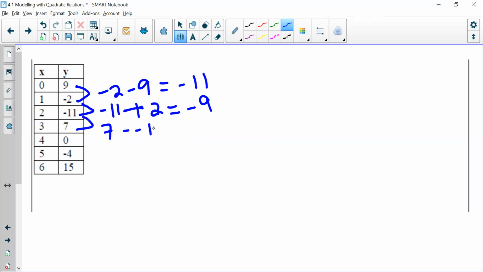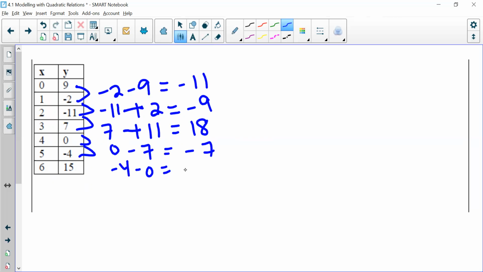What's 7 take away -11? So 7 plus 11. That's 18. Good. What's 0 take away 7? -7. Good. What's -4 take away 0? -4. Okay. Good. And what's 15 minus -4? So 15 plus 4. 19.